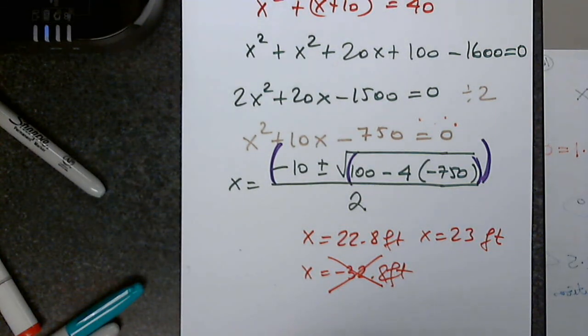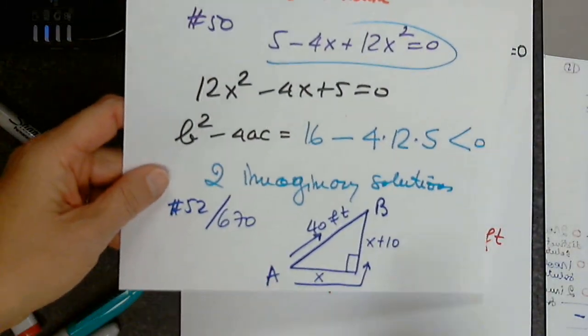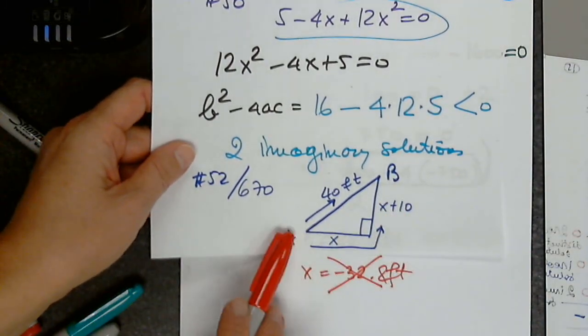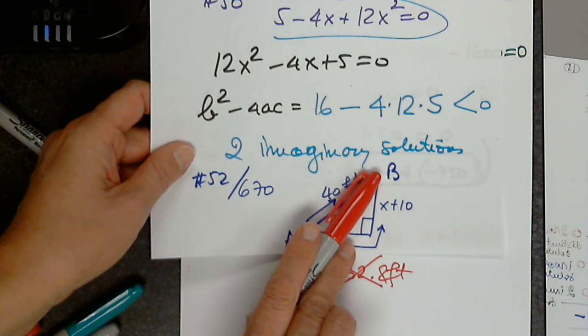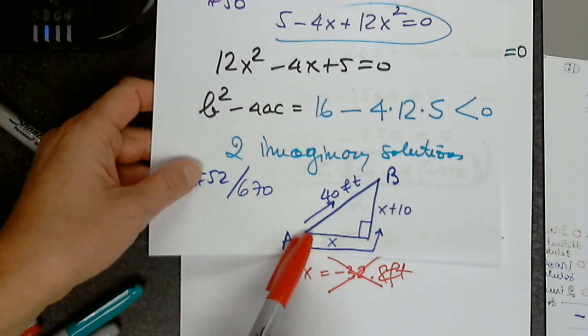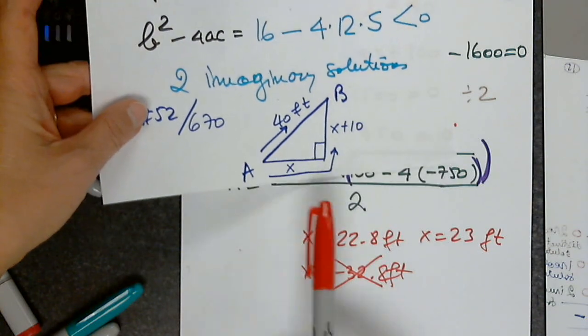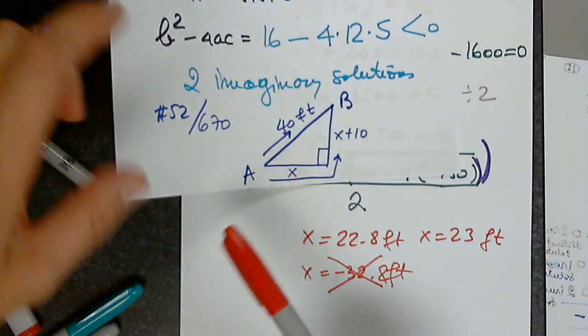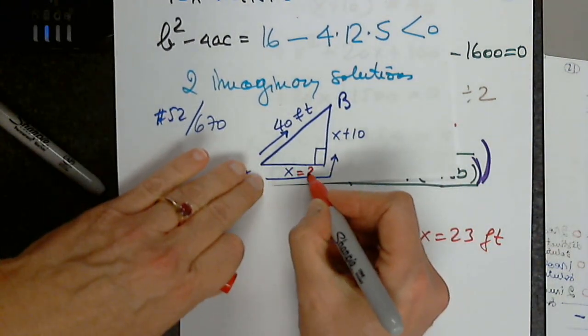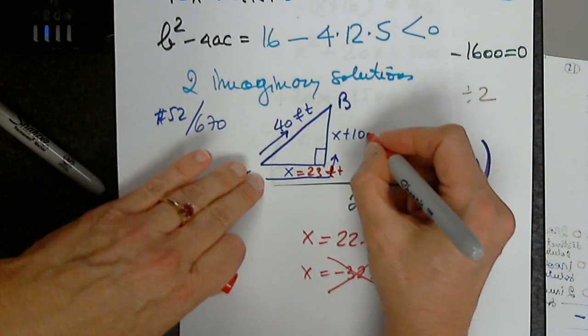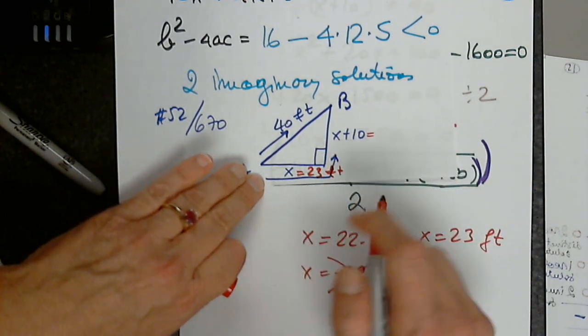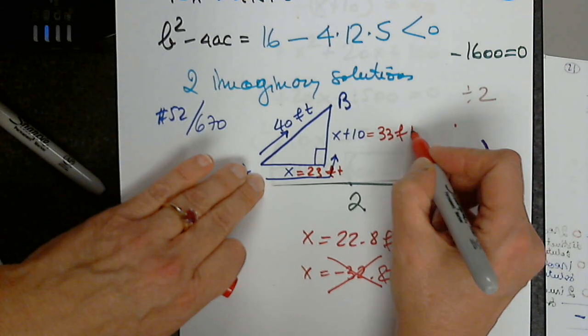I go back to my figure. So between A and B, the person is going 40 feet. And this is 23. Now I know this is 23 feet, and I know that this is 23 plus 10, which is 33 feet.